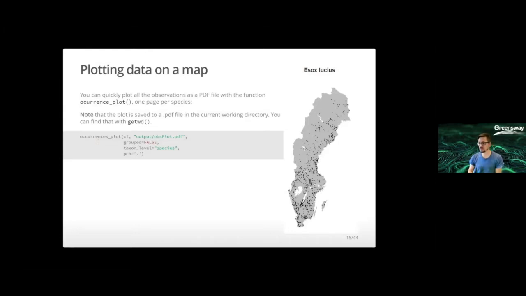And just straight from the package, you can directly produce some summaries with the function occurrence plot, which generates by default PDFs, where you have 1 page per species, and you can specify how you see the observation locations, and if you want them to highlight different types of assertions, what kind of potential problems each data point has.